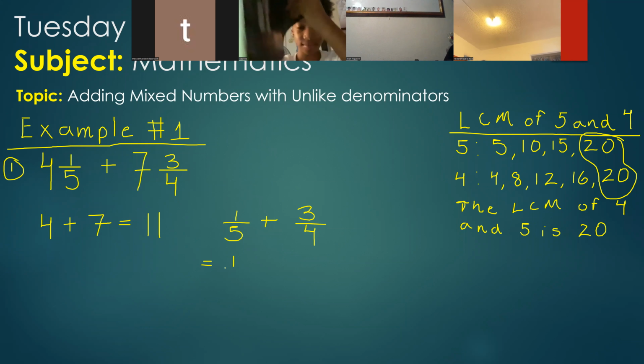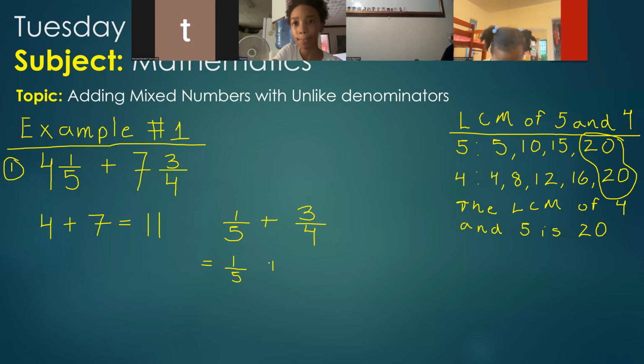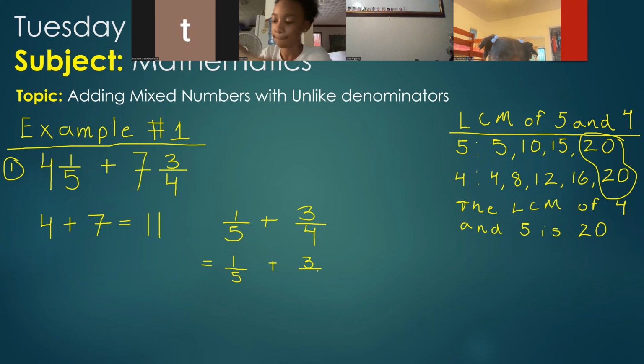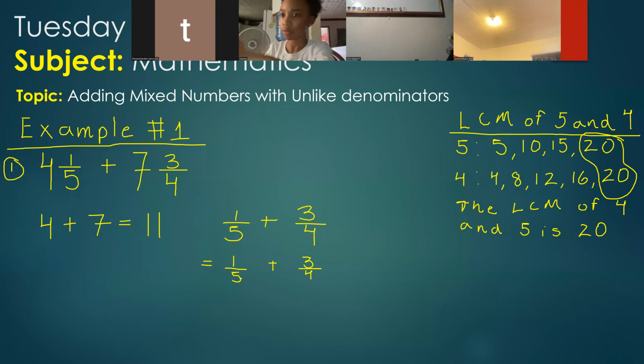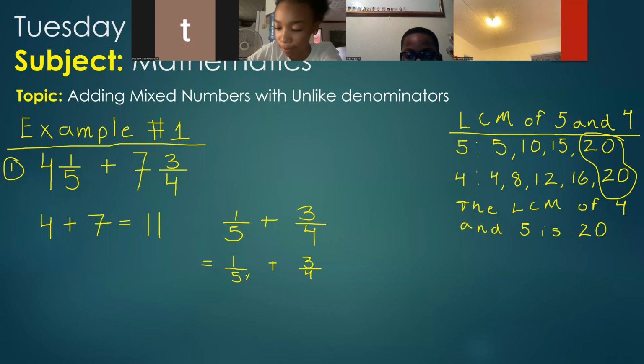Before I erase it. So we have 1/5 plus 3/4. Remember, what are we trying to do? We're trying to make the denominators the same. So we have to ask ourselves, what times 5 gives us 20? Javon, what times 5 gives us 20? 4.